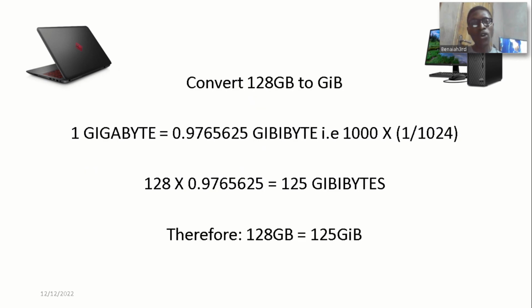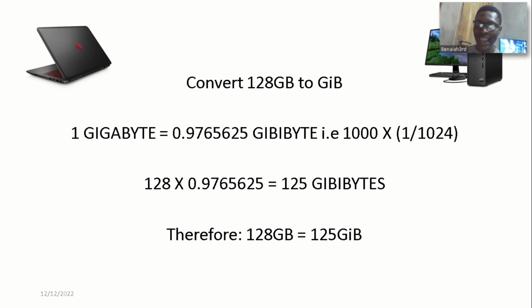So how can we now convert 128 gigabytes to gibibytes? Because we said the computer is showing the gibibyte equivalent of 128 gigabytes. So if 1 gigabyte is 0.9765625 gibibytes, then we just have to multiply 128 by that value. If you multiply it by that value, you have 125 gibibytes.